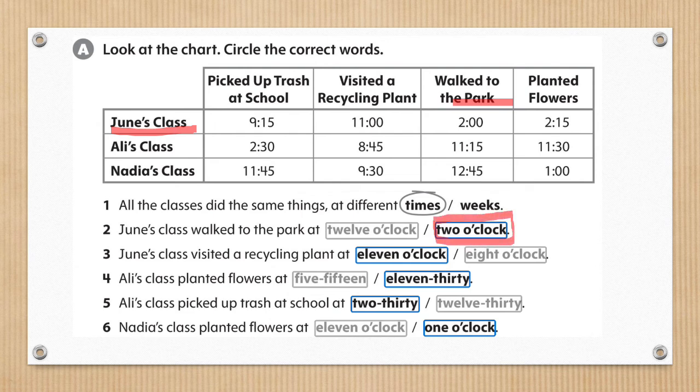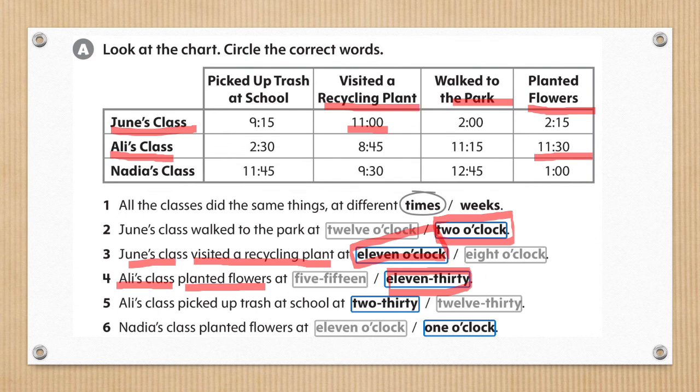Number 3, June's class visited a recycling plant at 11 o'clock. Number 4, Ali's class planted flowers at 11:30.